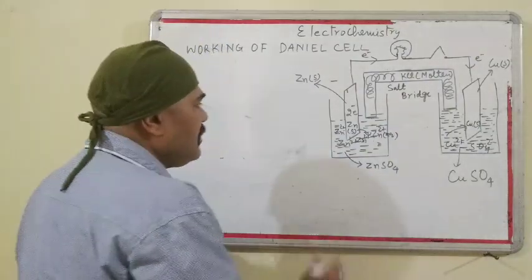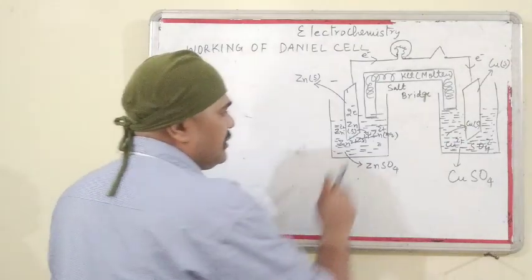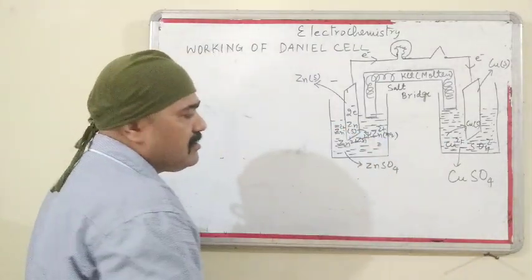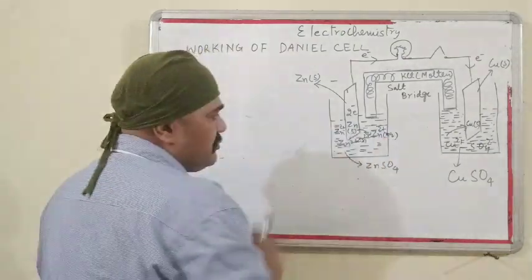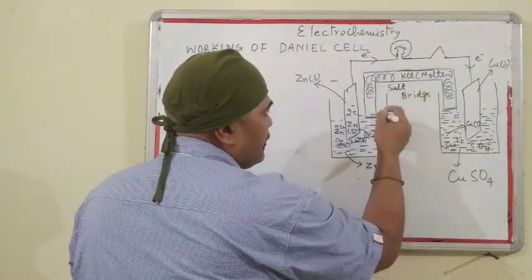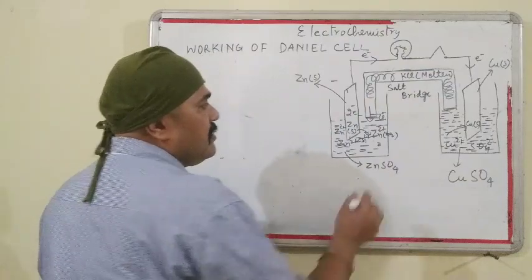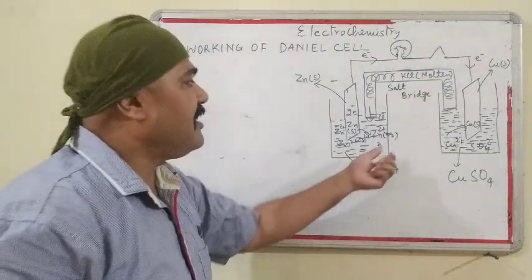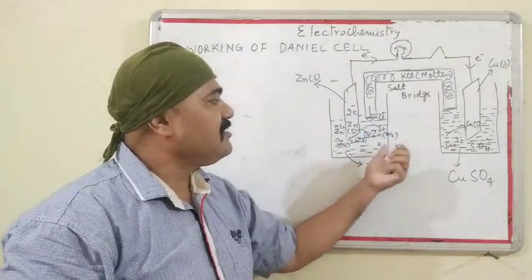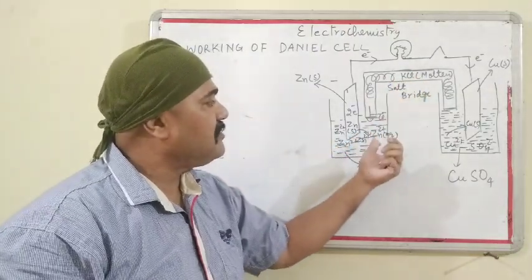As we switch on the key, Zn2+ ions come from the metal strip into the solution. At the same time, Cl- ions from the KCl migrate here to balance the charge. So ultimately the Zn2+ charge is balanced by the Cl- ions.